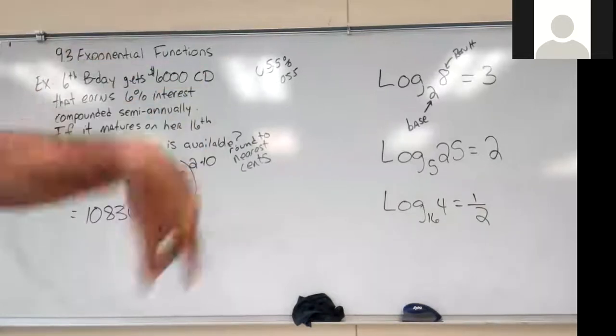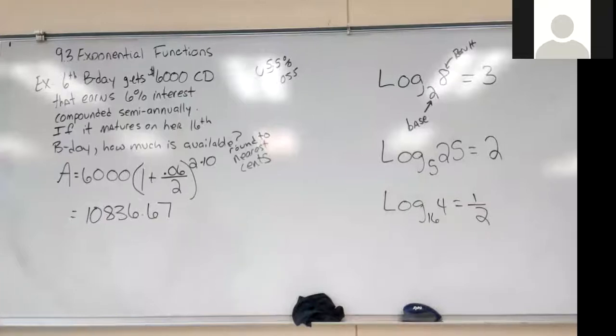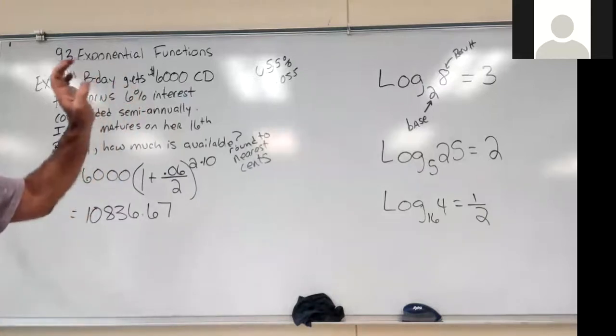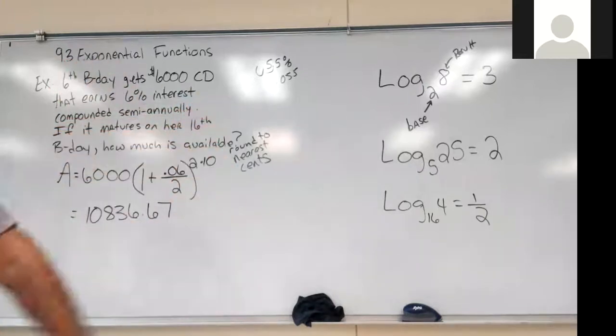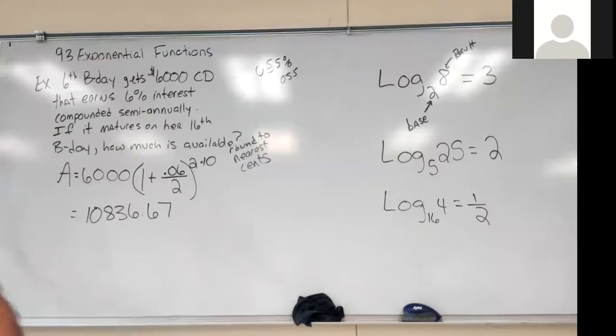All right, so I didn't want to get too deep on that, just to give y'all an idea what a log was. Y'all might have seen them in your life, I'm pretty sure. But we'll start solving equations with those next week. So next class, we're going to go through them, try to evaluate them. I'll teach you about the natural log, which is the LN. And that's just a log with an E for the base.